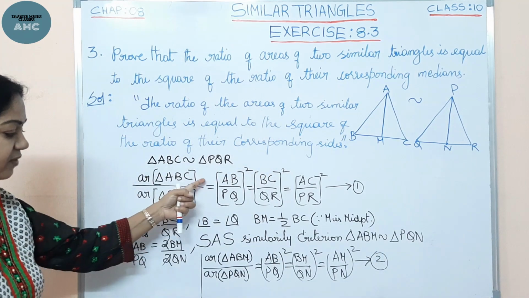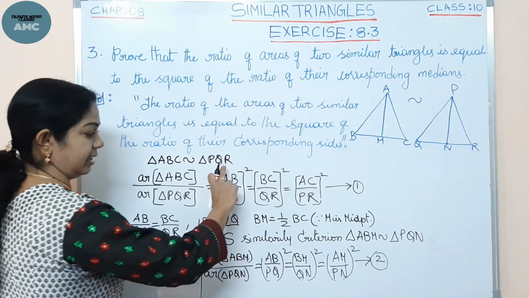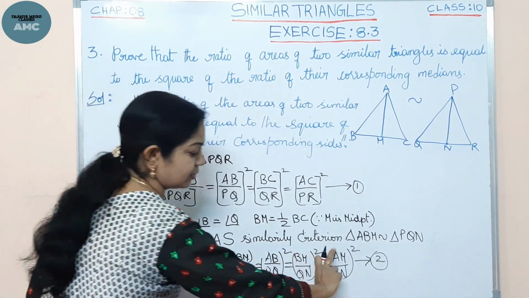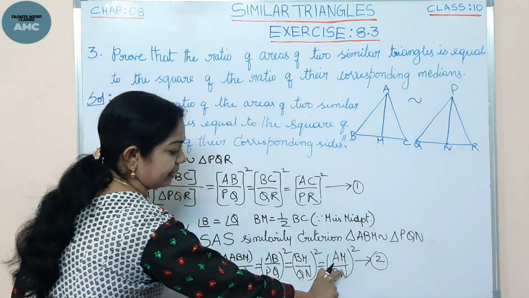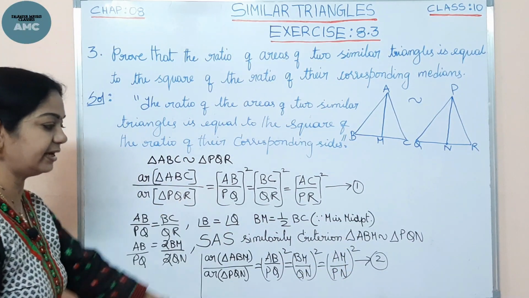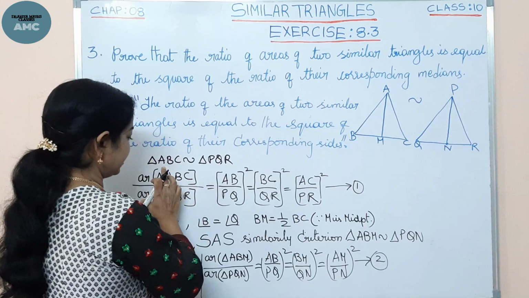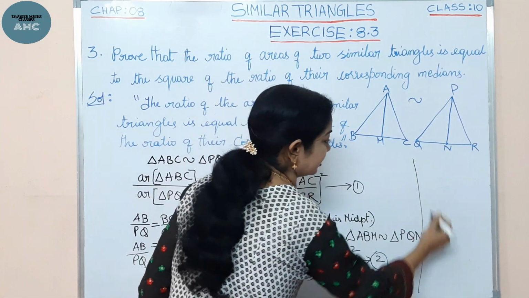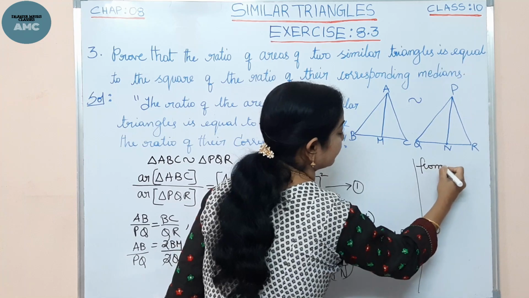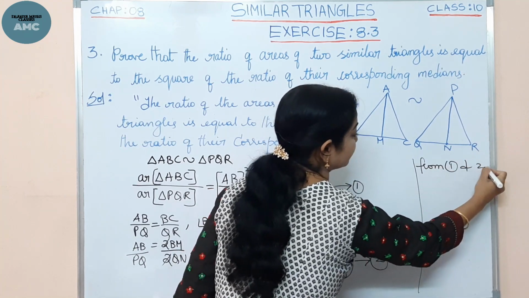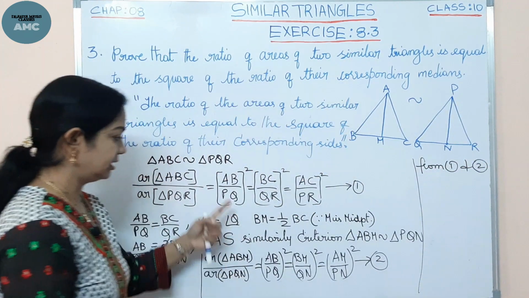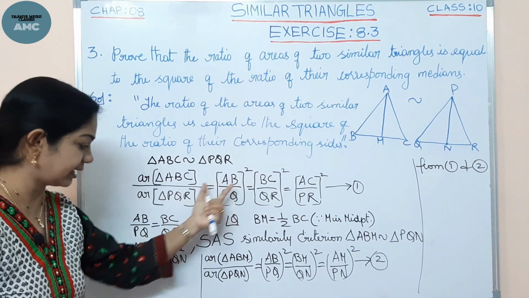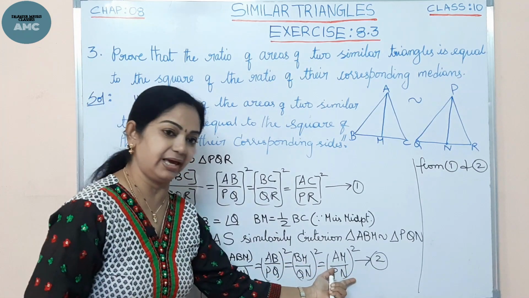Now, clearly from 1 and 2, here AB by PQ whole square, here also AB by PQ whole square, is equal to AM by PN whole square. So from equations 1 and 2, the area of triangle ABC by the area of triangle PQR is AB by PQ square. But again, this AB by PQ square is equal to AM by PN square.